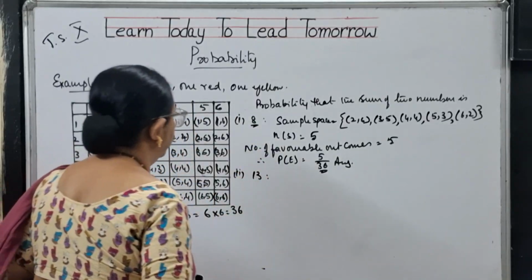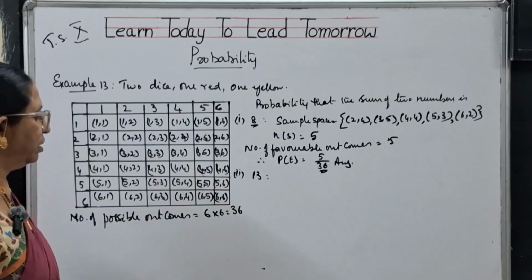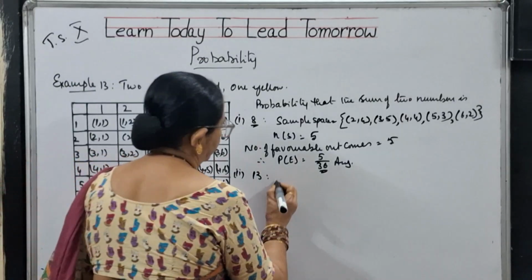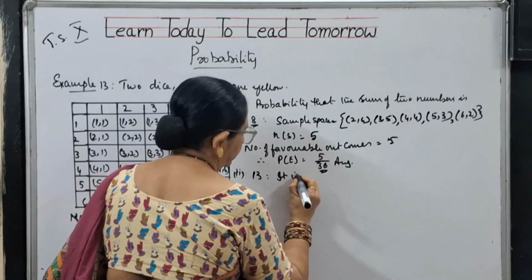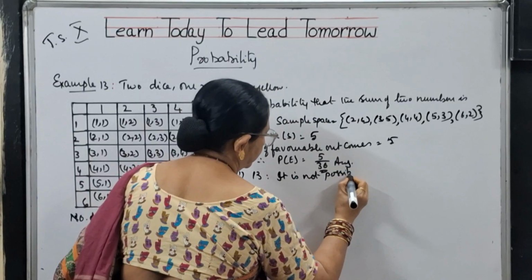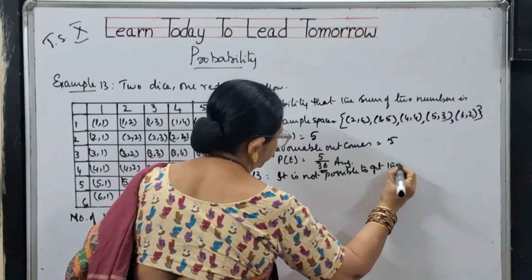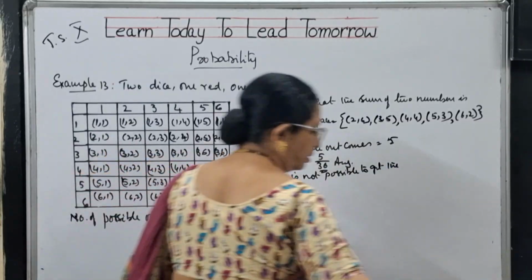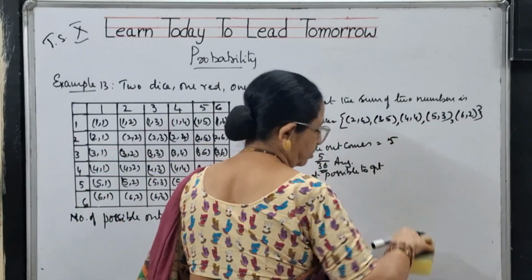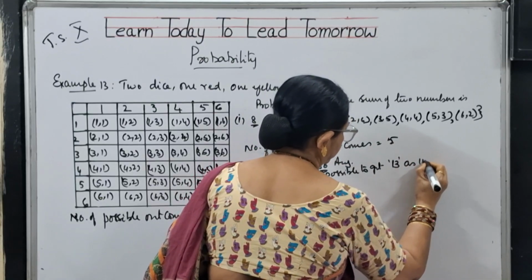13 means if you add two numbers, we should get 13, children. It is not possible to get 13 as the sum.